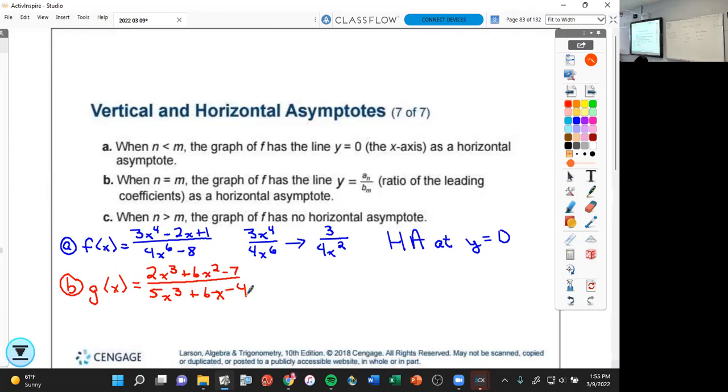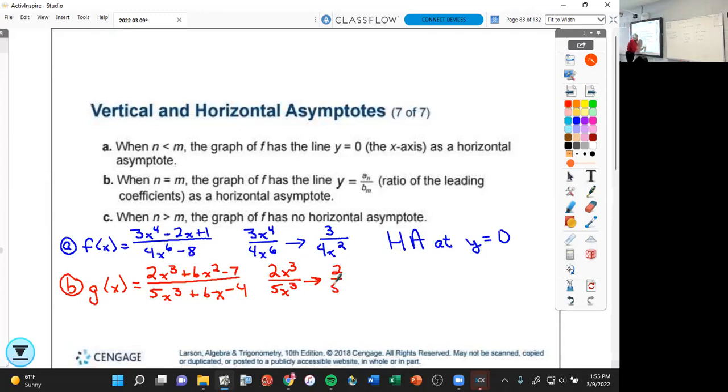Again, all I care about is the term that has the most power in the numerator and the denominator. 2x cubed over 5x cubed. Can you reduce that? What happens to the x's?